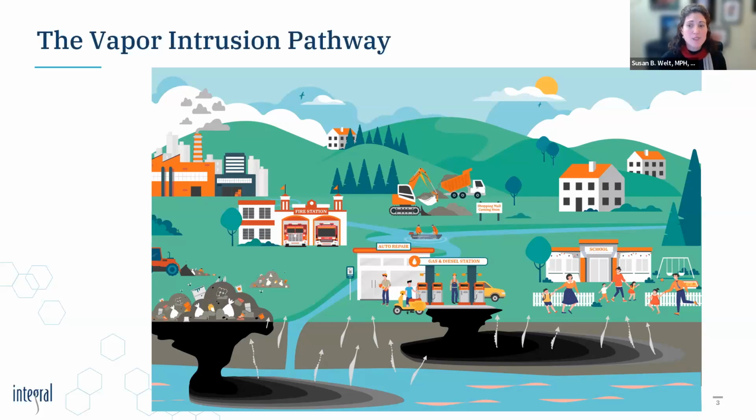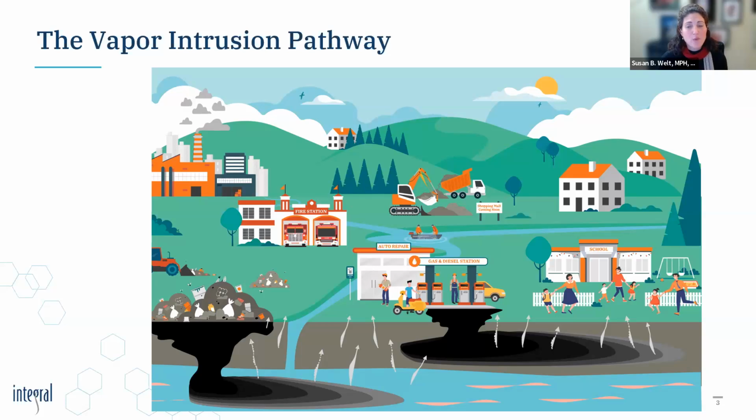We need a subsurface source of vapor-forming compounds or chemicals in the subsurface, so in the soil or groundwater, underneath or near buildings. Vapors can form from this subsurface source and have a route along which to migrate or be transported toward the building or buildings. The buildings are susceptible to soil gas entry. So this means there's preferential pathways, maybe cracks in the subslab or the slab, sewers, a block foundation, whatever it may be.